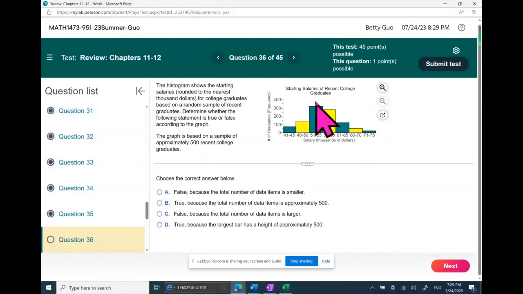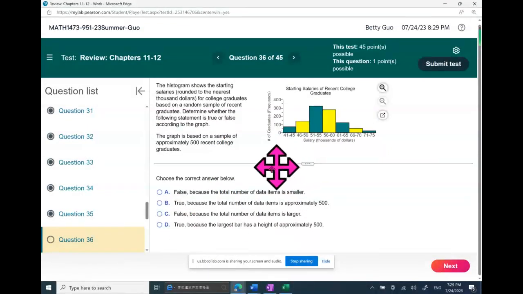As you can see, the tallest bar is already over 300, almost 350. And this yellow bar is around 300. So both of the two tallest bars total over 600.